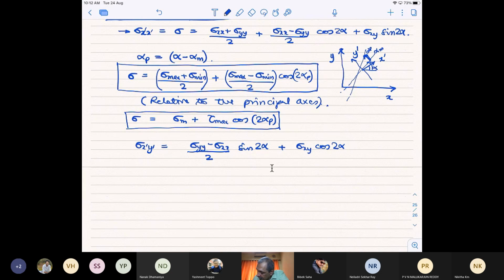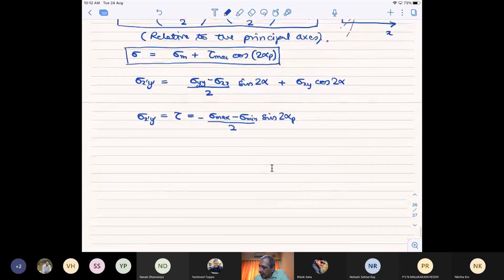So your shear stress relative to the principal axis, we'll call it just tau, is equal to just the first term, because the second term will be 0, that is sigma max minus sigma min. There will be a minus sign in front, divided by 2 into sine of 2 alpha p, and that's it.